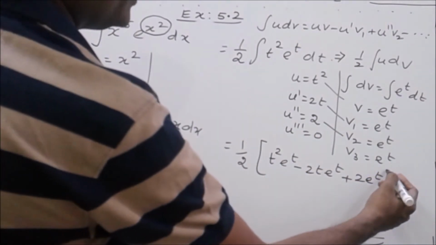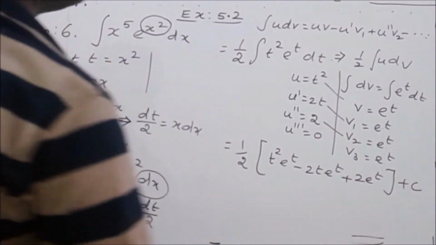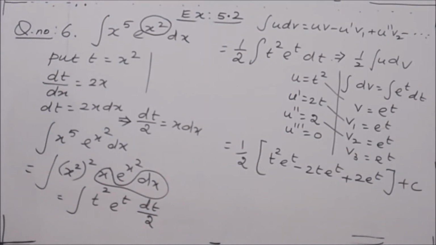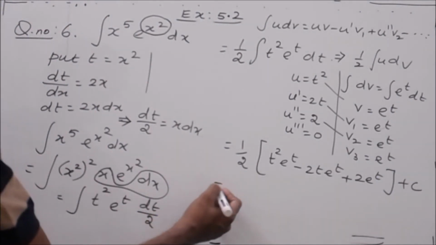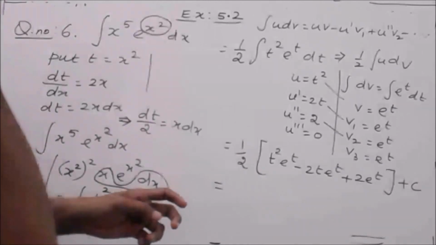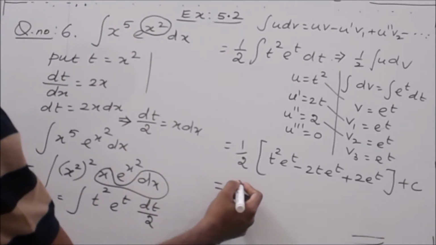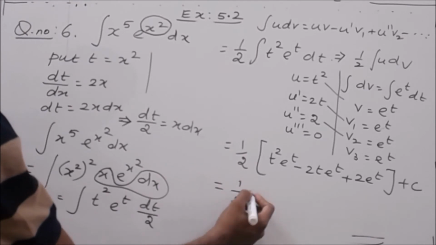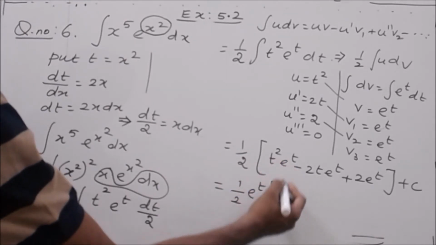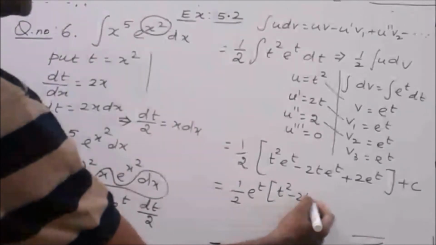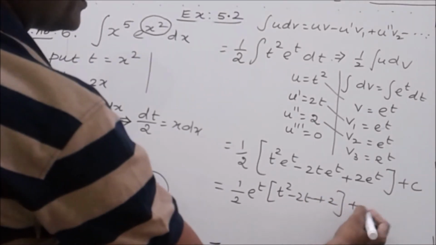The next term becomes 0, so left with plus c. So take out the common terms here. What is common? e power t is the only term common from all the terms. So 1 by 2 e power t into the remaining, t square minus 2t plus 2, plus c.